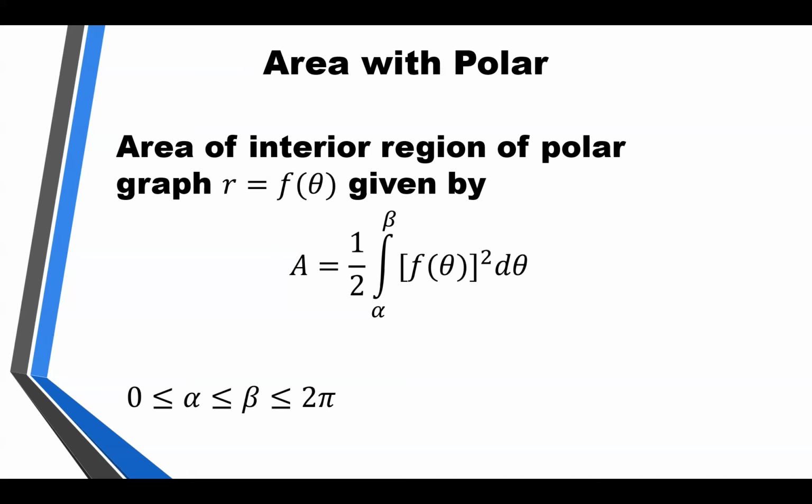It's always change in theta divided by 2 is the proportion of the area of circle. So that dividing by 2 shows up as a coefficient. So it's 1/2 r squared, integrate with respect to theta, and that's the area of an interior region of a polar graph.